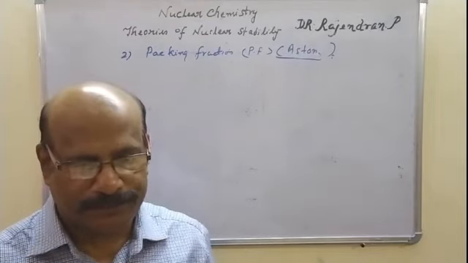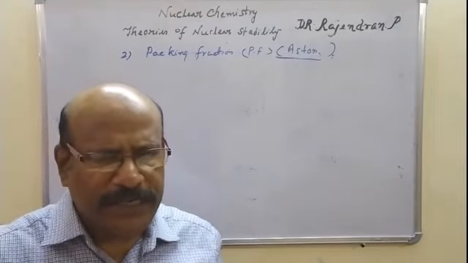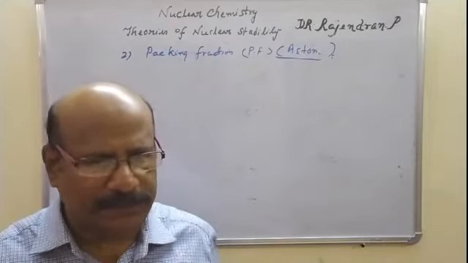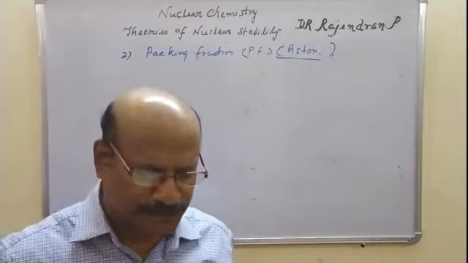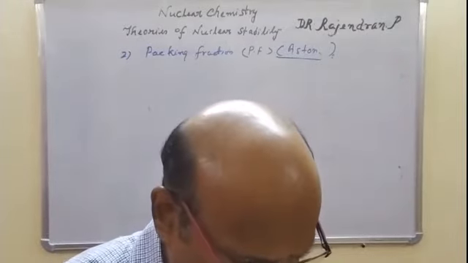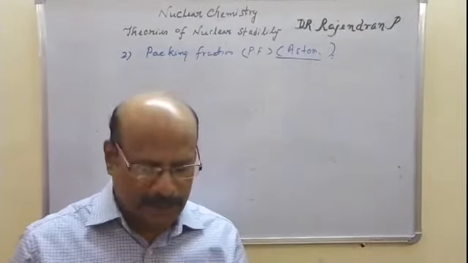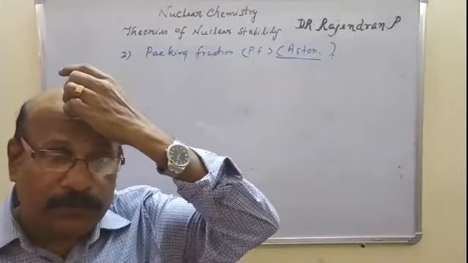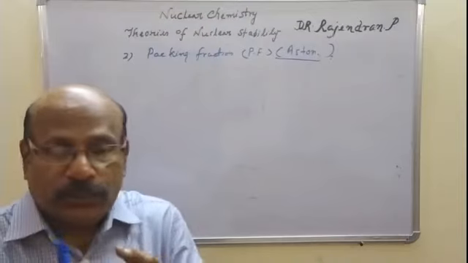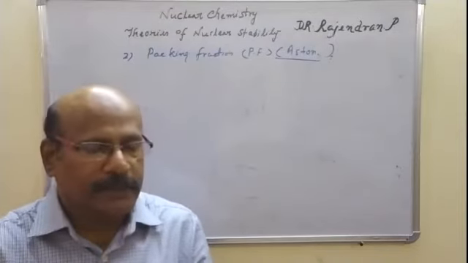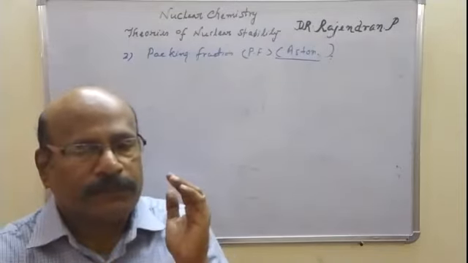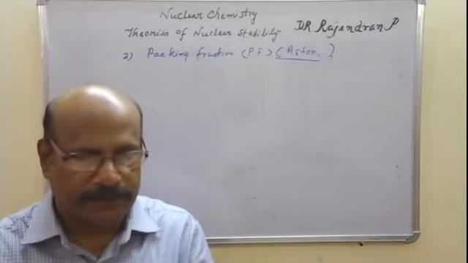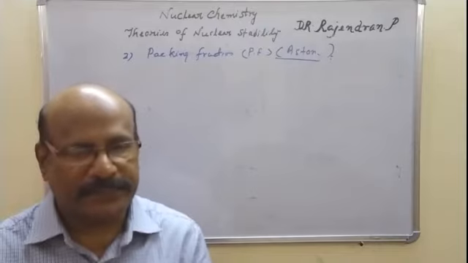When you look at iron, it is 54.999 something, not exactly 55. So the actual isotopic mass of any atom or nucleus is not equal to a whole number, but it is closer to a whole number. Okay, in the form of a fraction.